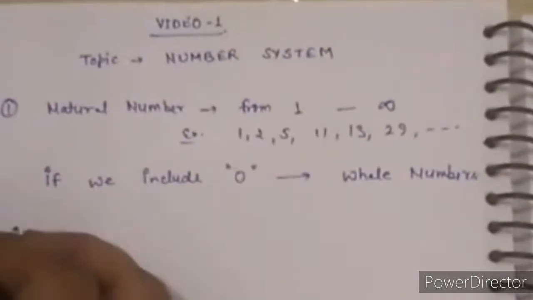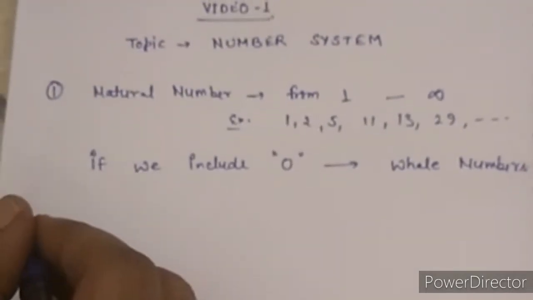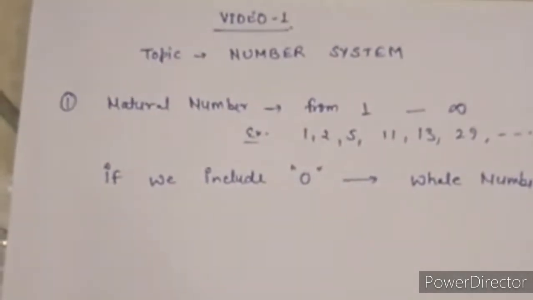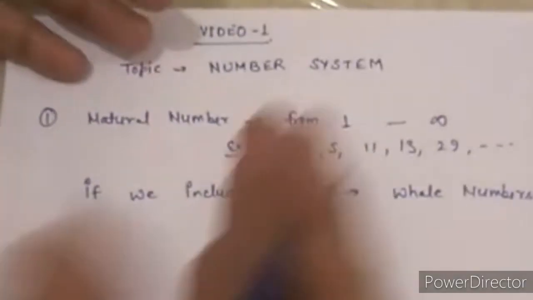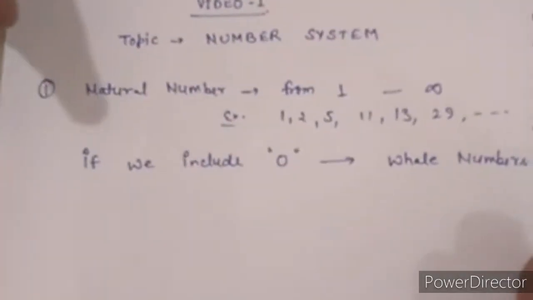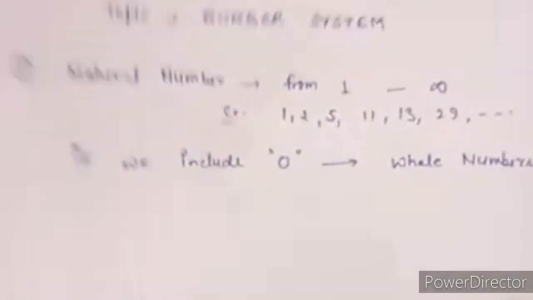Okay, now what is an integer? All whole numbers, meaning from 1 to infinity, and their negative counterparts.